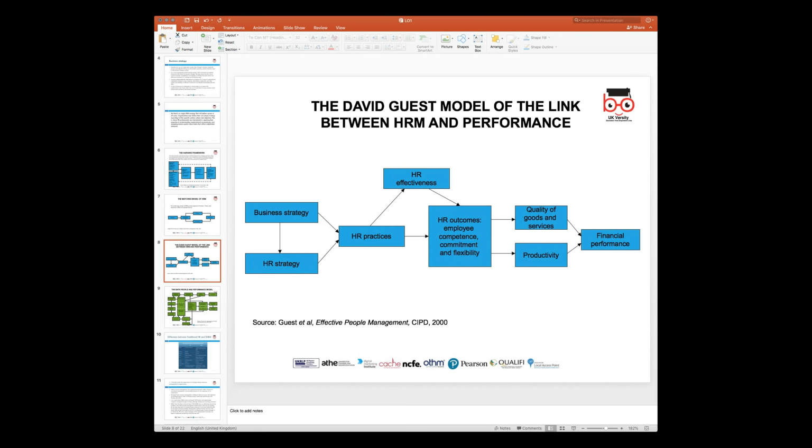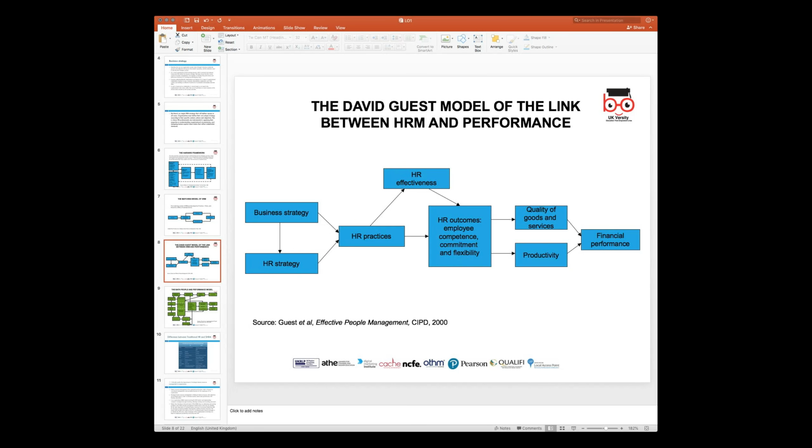Now, the four components he talked about were, first, strategic integration, which means the ability of the organization to maintain a fit between the HR strategy and the business strategy. The second was flexibility, and in flexibility he talked about the basic ability of the organization and its people to adapt to the changing business and work environment and the capacity to manage innovation.